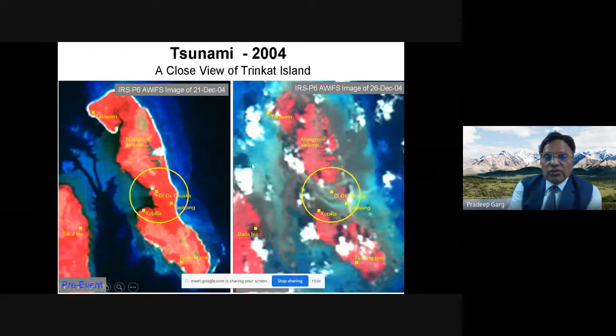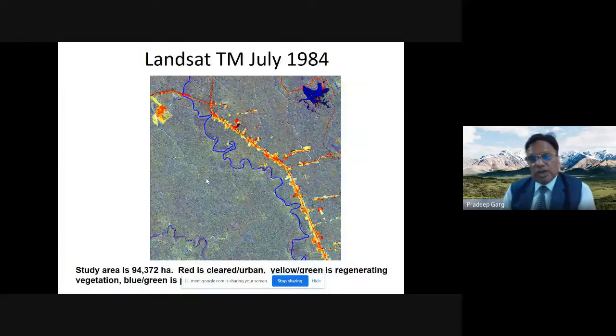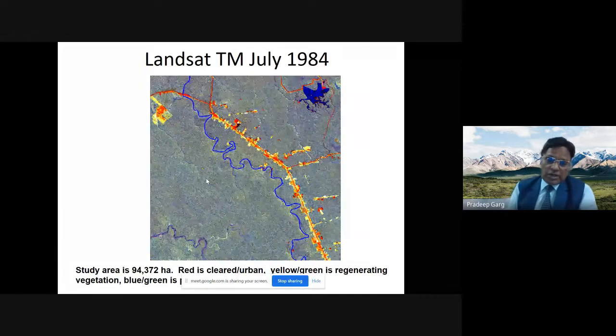So comparing the two, one can carry out the damage assessment and find out which are the safer areas. So these images have been found very useful to government, to administrators, whenever some disaster activities are taking place.